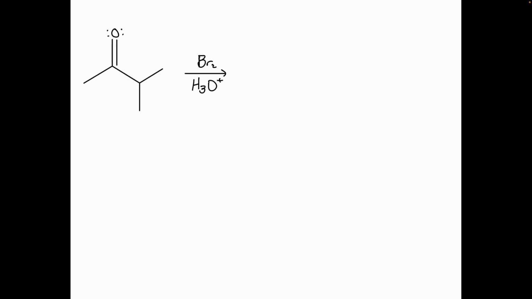But now we've got these two separate alpha carbons. So we would get a different product if we brominated the alpha carbon on the left than we would if we brominated our alpha carbon on our right.